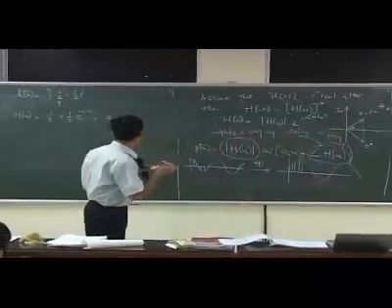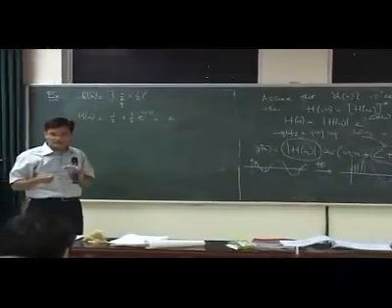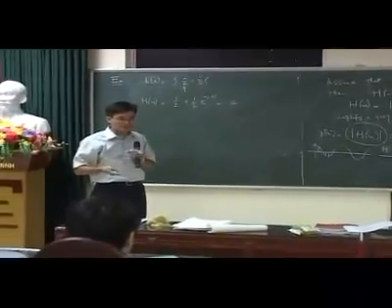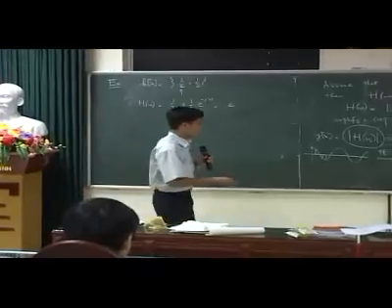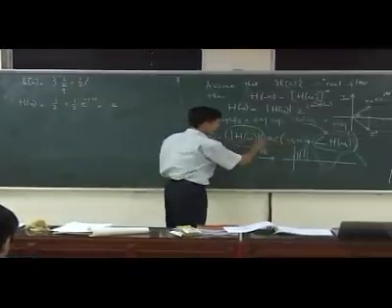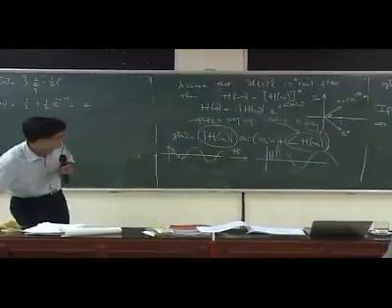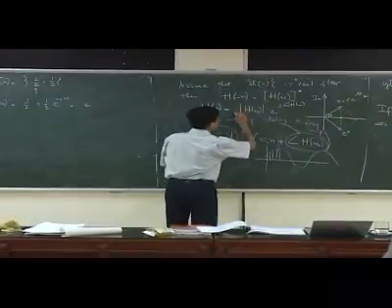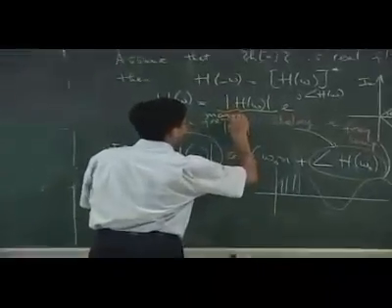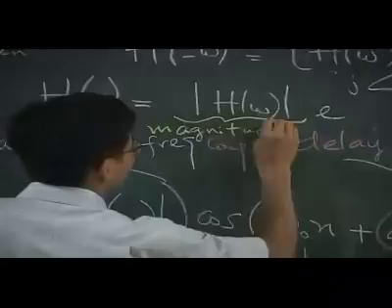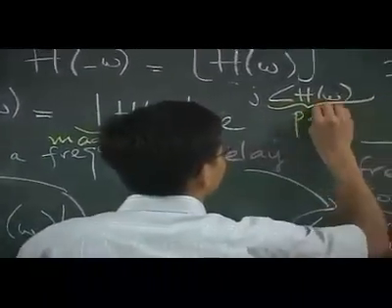I can give you something like this alone, but it still doesn't tell you much about the system, because we need to know the phase and the magnitude. Maybe I should put some words here. The name here is the magnitude, and this thing here is the phase.